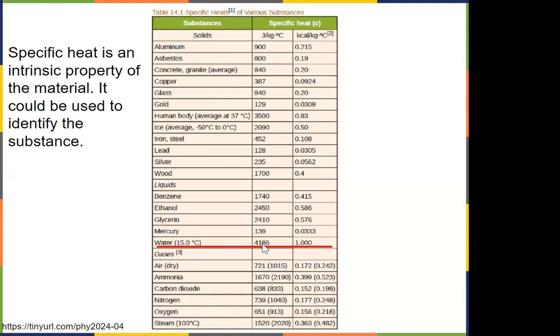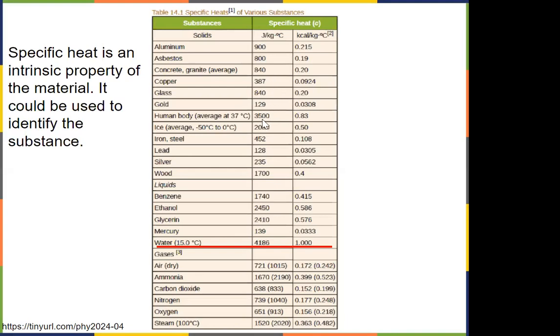The specific heat capacity for water is 4186 joules per kilogram per degree Celsius, or 1 kilocalorie, which gives you the conversion between the two units. And if you look at the rest of the table, you'll find water has the maximum heat capacity compared to the rest of the materials.